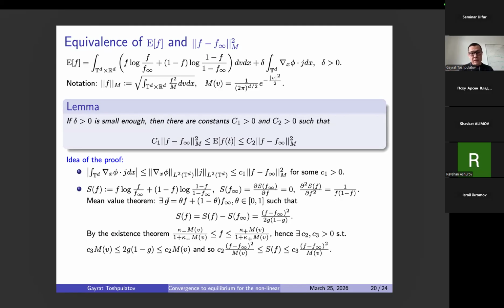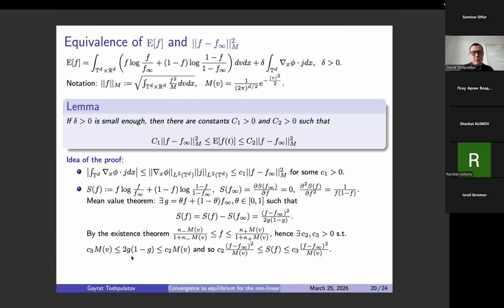Hence, we can conclude that the same bound holds for g, because it's a combination of f and f infinity. Using this bound, we can find some positive constants such that this product, which appears here, can be bounded from below and above by some constants times M, the Maxwellian.